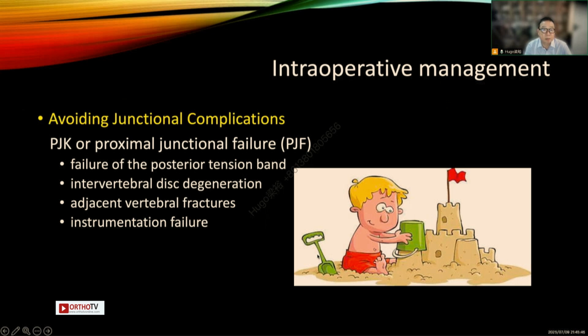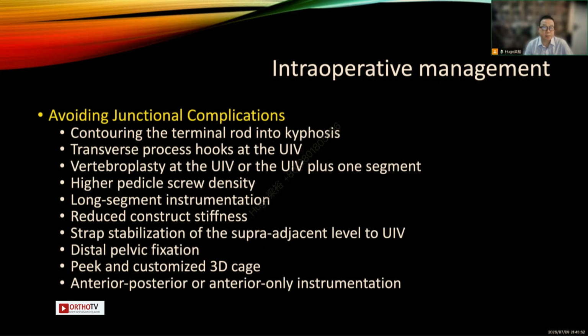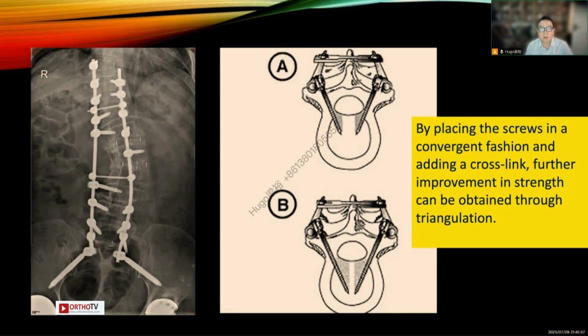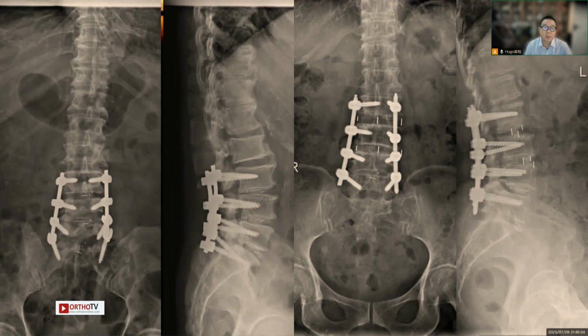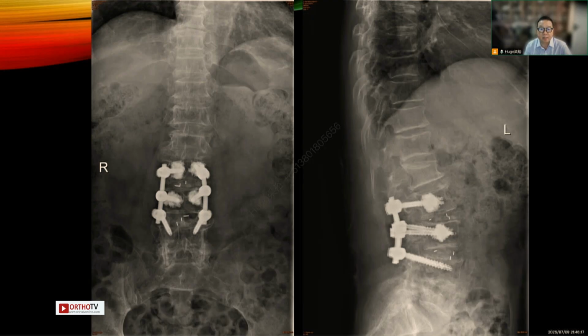And also during the operation, there are many things to do to avoid junctional complications, such as contouring, and fixation to reduce stress at the fixation point, and combining anterior and posterior fixation to be sure the cage has less opportunity of subsidence.